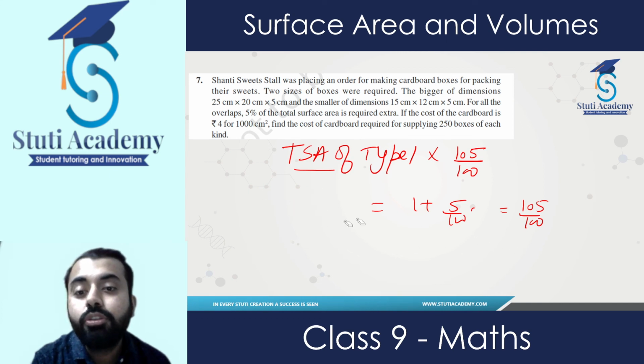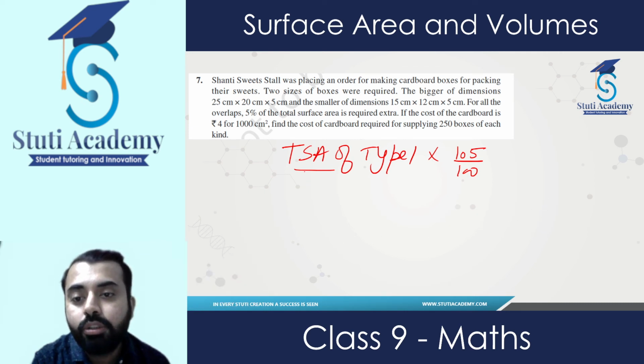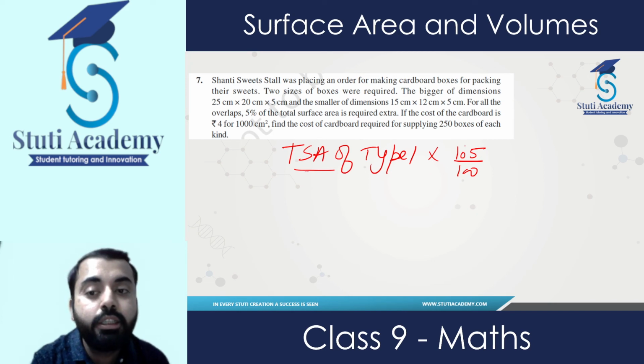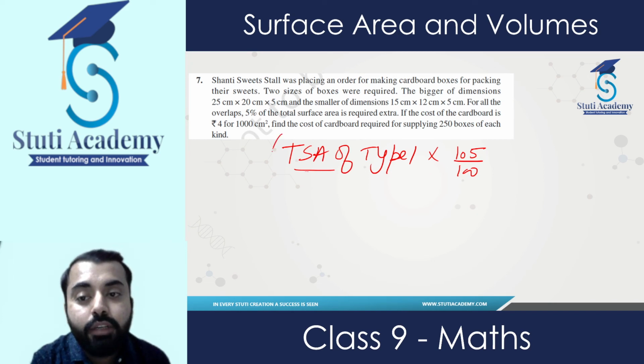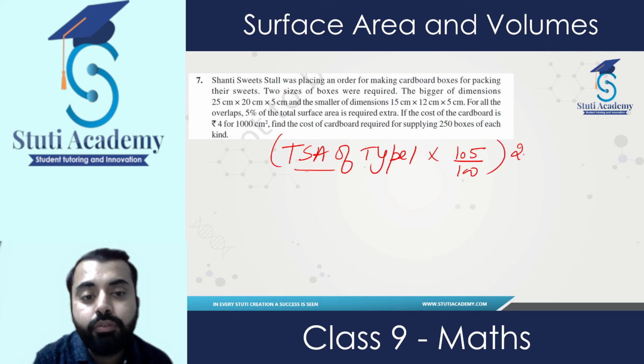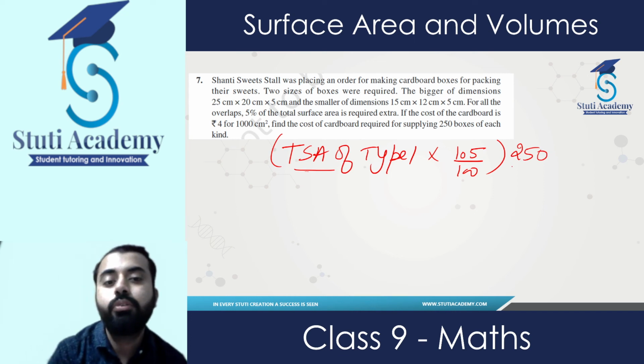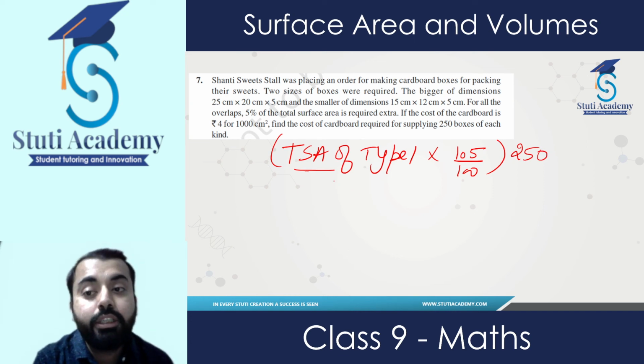If my value was the whole total surface area of type 1 boxes, its 5% extra will be the surface area of type 1 multiplied by 105 over 100. Now I knew this was the area of one box of type 1. You have 250 boxes and I had to calculate the cost also.